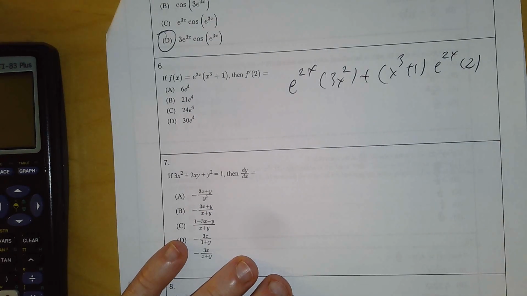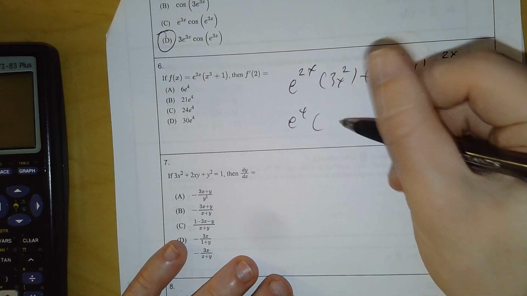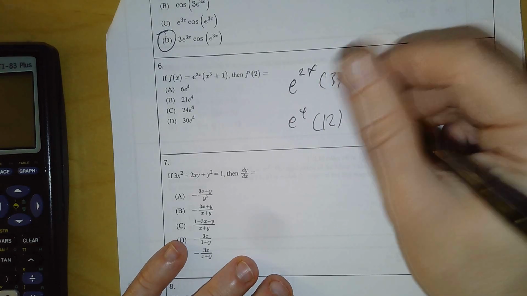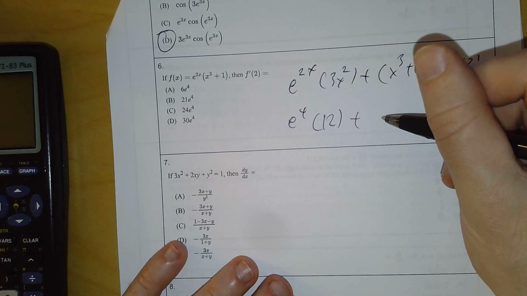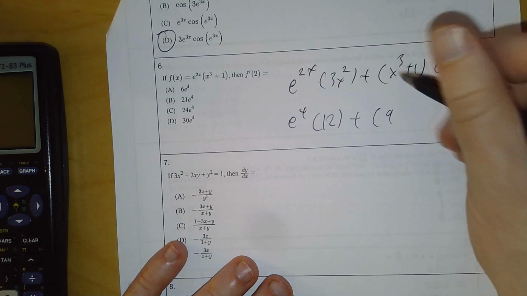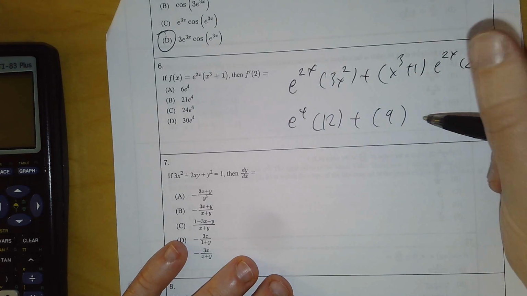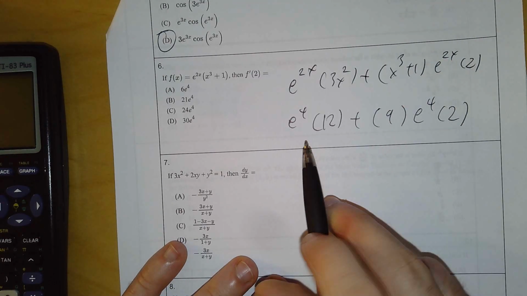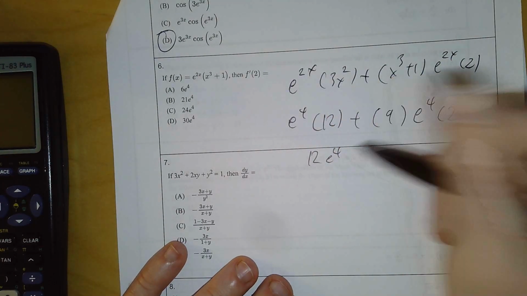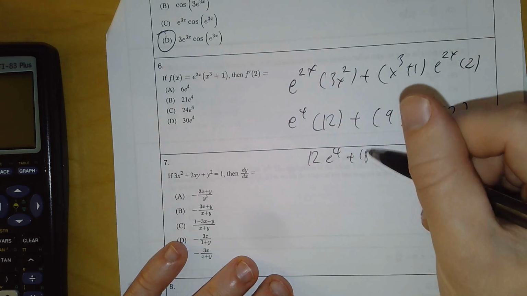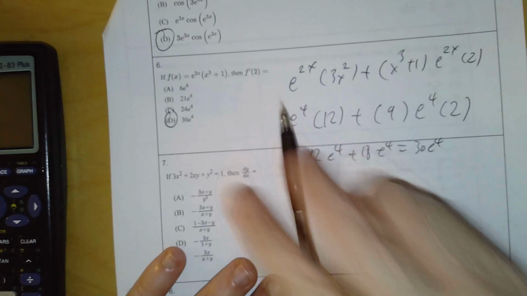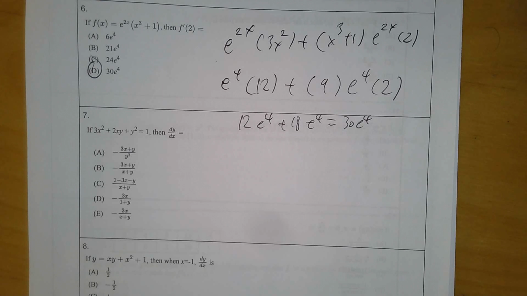Then plug in a 2, e to the fourth, 12, because it's 2 squared times 3 is 12, plus 9, because 2 to the third is 8, 8 plus 1 is 9, e to the fourth times 2. So we got 12 e to the fourth plus 18 e to the fourth. Okay, so the answer to that one was D.